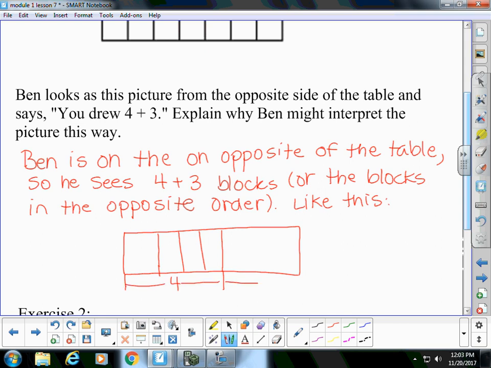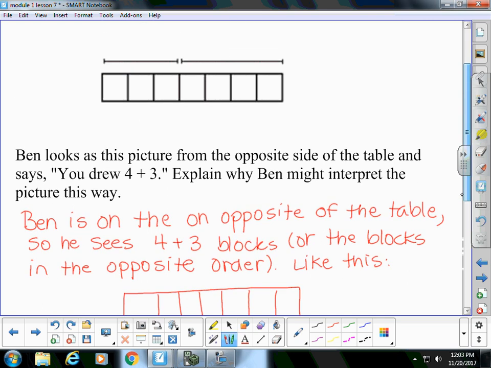And then from here to here, he's seeing 3 more. Like that. So that's why he sees 4 plus 3, the opposite way that Susie was seeing them, 3 plus 4.